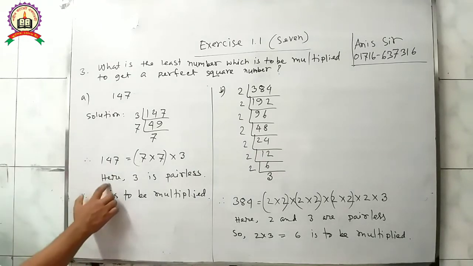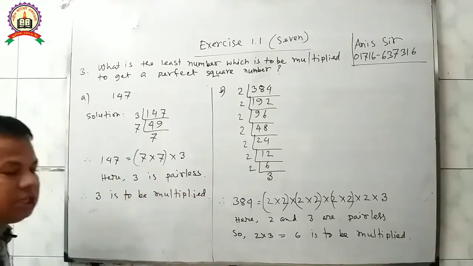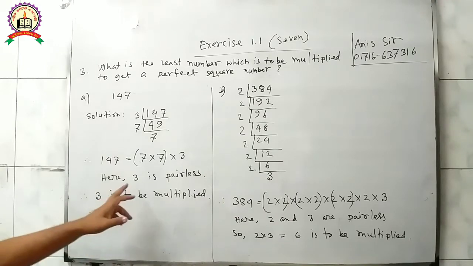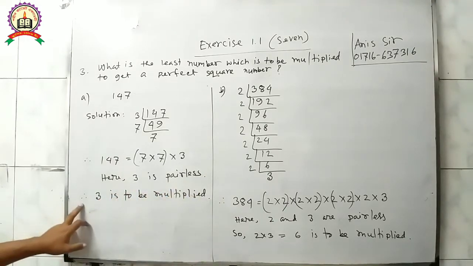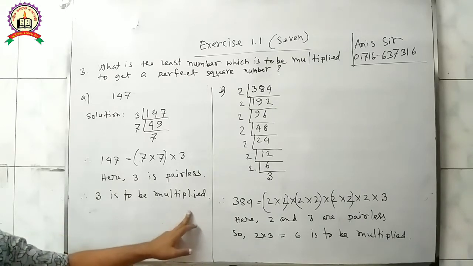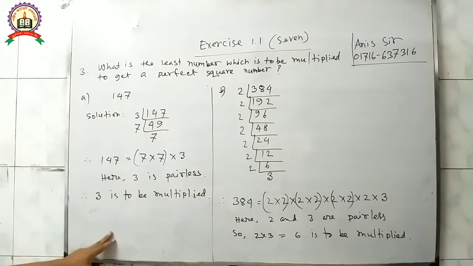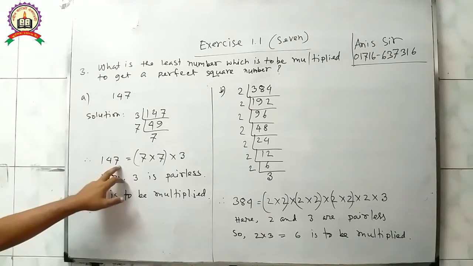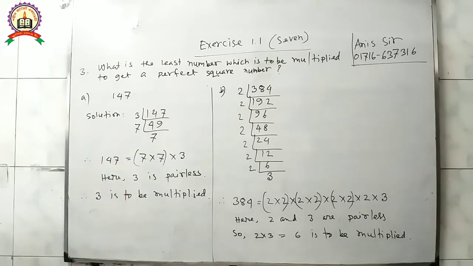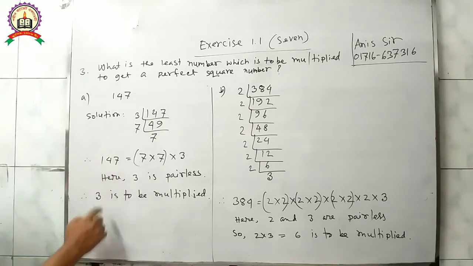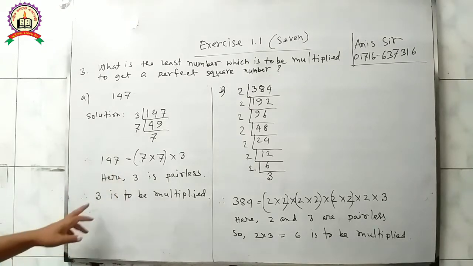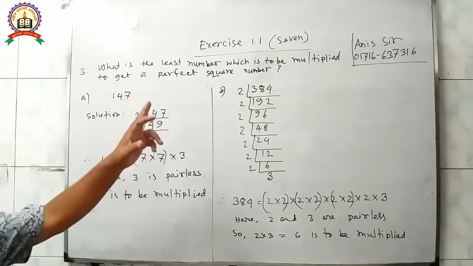So here 3 is pairless, that means without pair. So 3 is to be multiplied with 147. If we multiply 147 into 3, then we get a perfect square number.